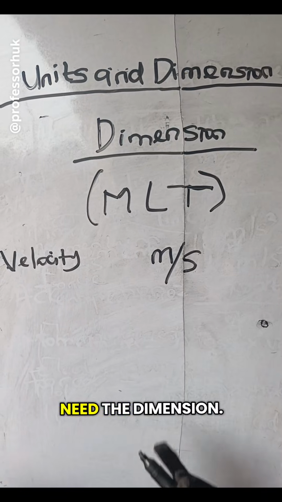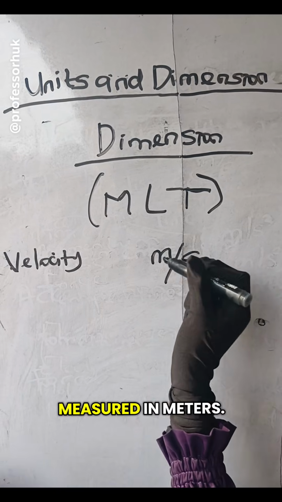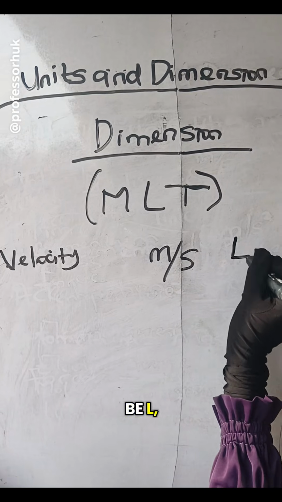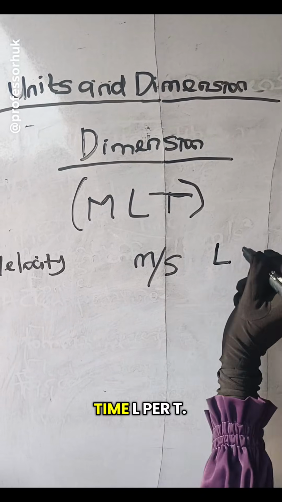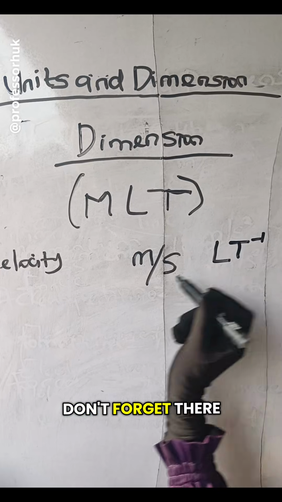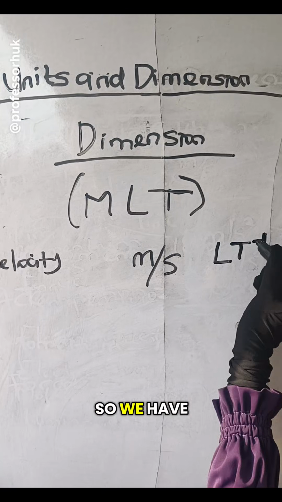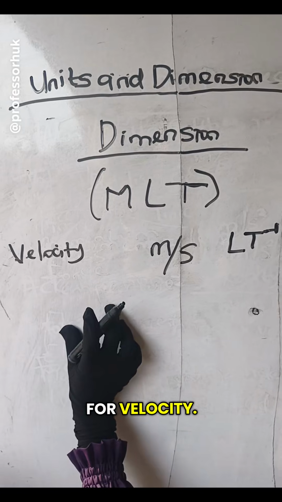So now we need the dimension. Meter, length is measured in meter. So our dimension is going to be L for length, then seconds, which is time, T. L per T. Don't forget there is division, so the division will turn to -1. So we have L T^-1. This is the dimension for velocity.